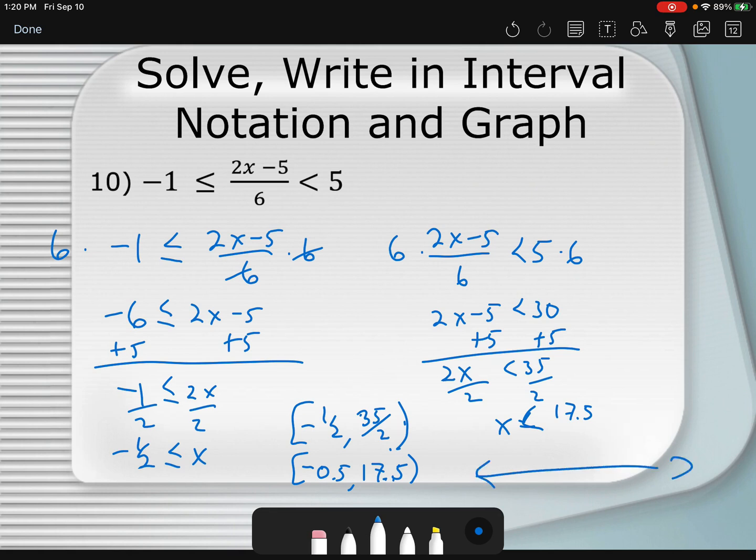And then obviously we can graph it too, and put 0 here and put 18 here. We're guesstimating there, but it's these numbers in between, from negative 0.5 to 17.5.